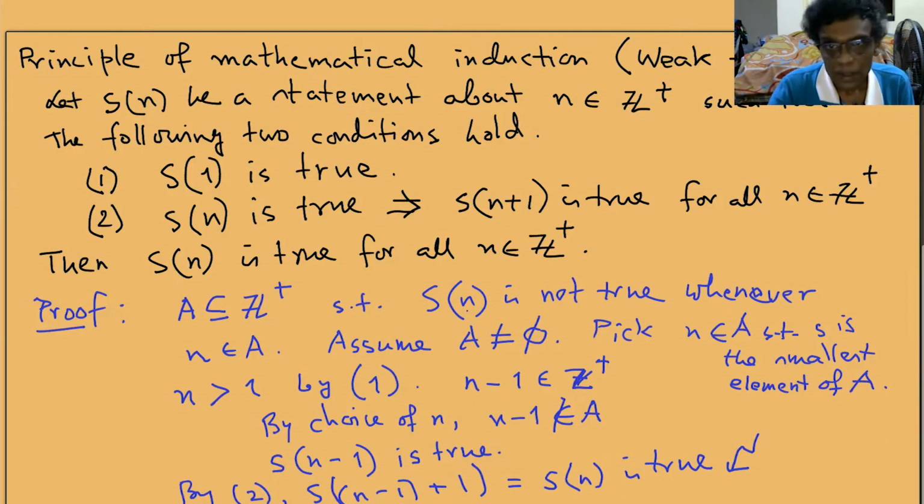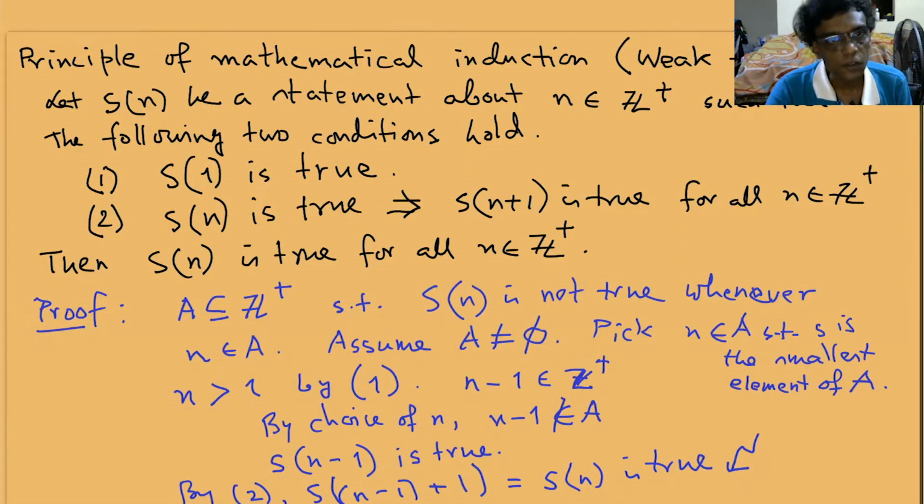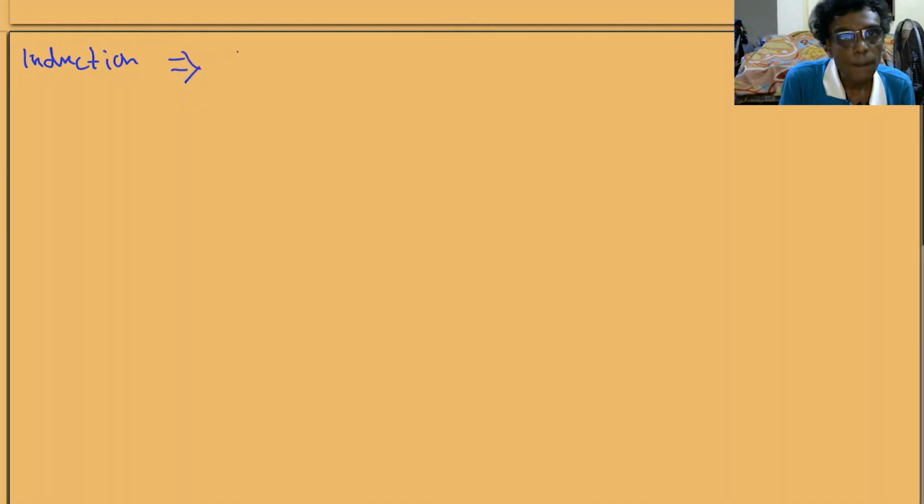So if I assume the well ordering principle of Z plus, then the principle of mathematical induction follows, and I will give you a brief idea that the converse is also true. That is, the principle of induction implies well ordering.